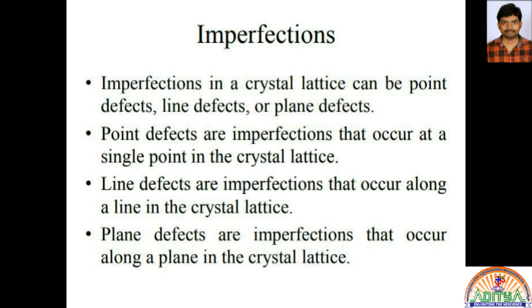Or else we can consider interstitials. An interstitial is a point defect where an extra atom is present in the crystal lattice. So vacancy and interstitial elements in the crystal. And the next one is substitutional defects.